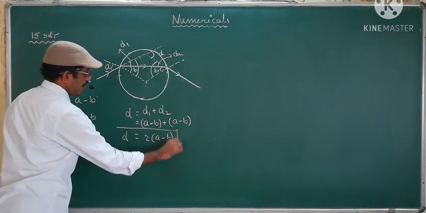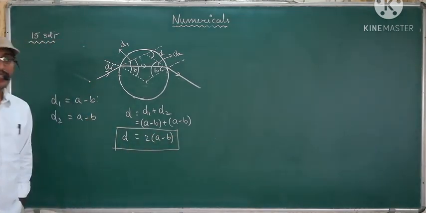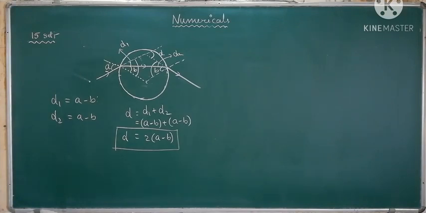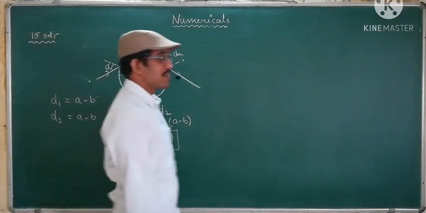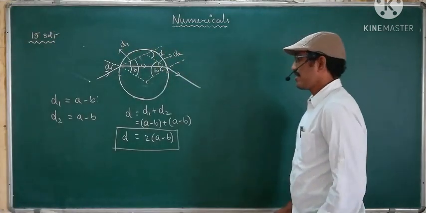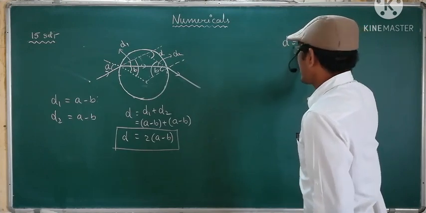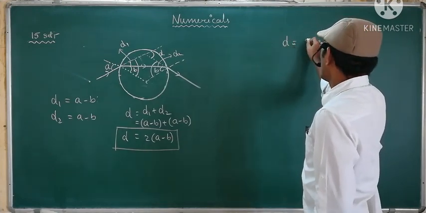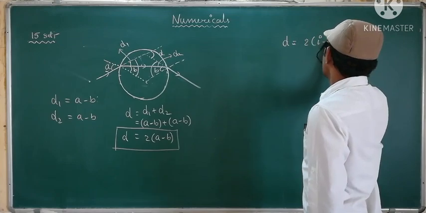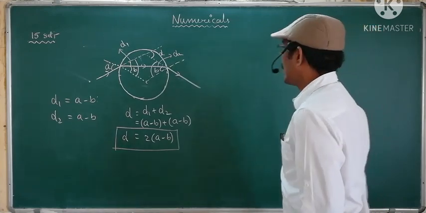This is the deviation produced by the spherical refracting surface. Got it? And we can replace A and B with the symbols I and R. So the angle of deviation produced by the spherical refracting surface, D, is equal to 2 into (angle of incidence minus angle of refraction).